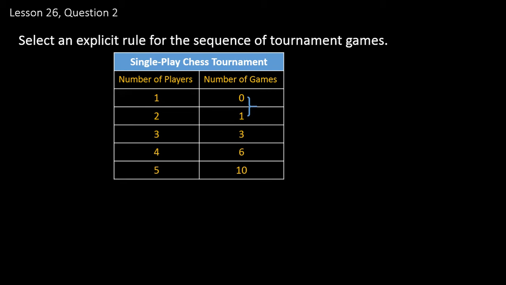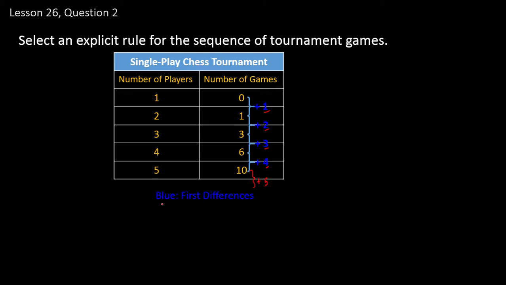So we already know that to go from the number of games, 1 entry to the next, first we start by adding 1. Then we add 2 to get to the next entry. We add 3 to get to the entry after that. We add 4 to get to the entry after that. So each time we're incrementing the number of games we're adding on by 1, right? It's just counting numbers. 1, 2, 3, 4. Stands to reason that the next number we'll get by adding a 5, right?